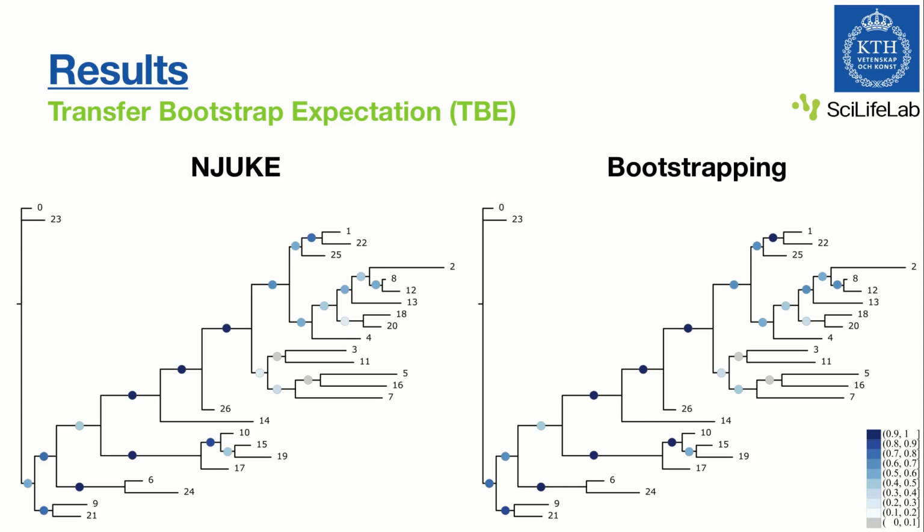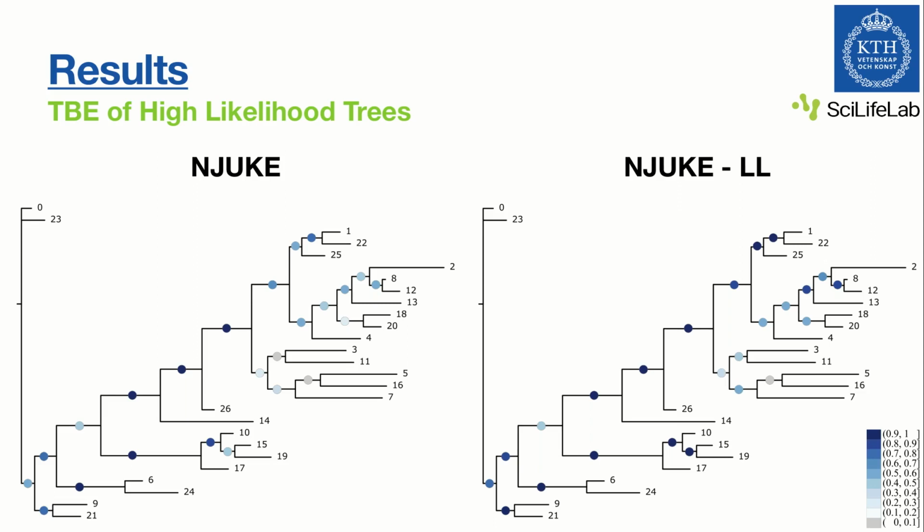This score is between 0 and 1, the higher the better, and it describes how well our samples match the reference topology. We can see that both methods have similar edge supports. Then we compared with the higher likelihood trees from our method, and we see that our higher likelihood trees have even better edge support on the ground truth topology.